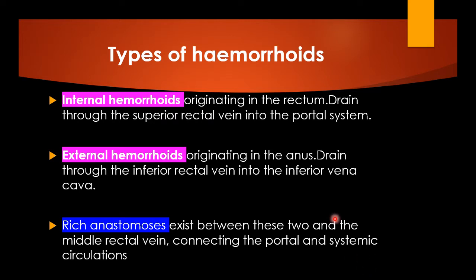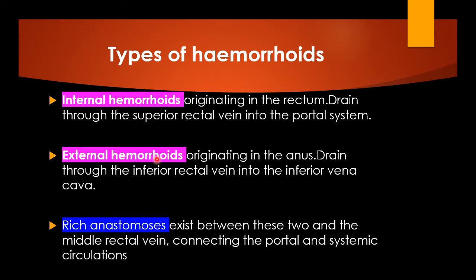What are the types of hemorrhoids that we have? First, we have the internal hemorrhoids, which I mentioned just now, which originate high up in the anal canal or lower rectum. These are drained through the superior rectal vein into the portal system.